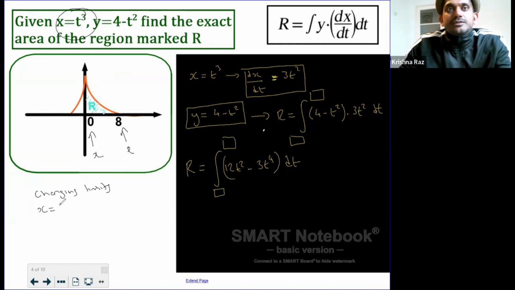If x equals t cubed, it follows that t is the cube root of x. So we have t equals the cube root of 8 and t equals the cube root of 0. So our limits will be 2 and 0.